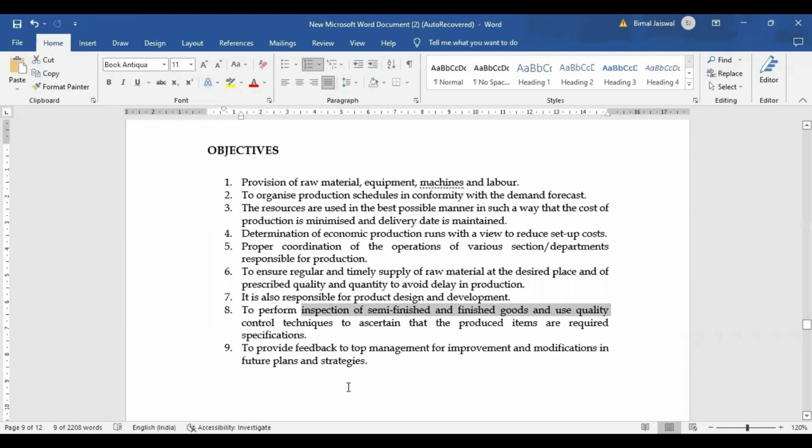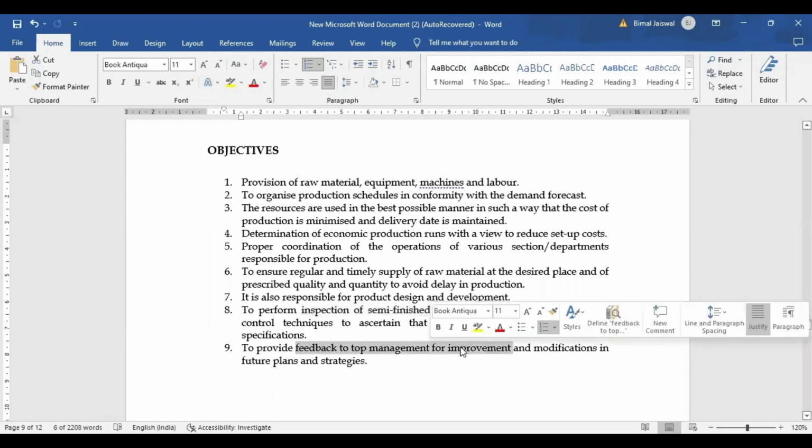The objective is also to provide feedback to the top management, the persons who are sitting on the top and have a larger overview about the activities, their future plans and strategies.